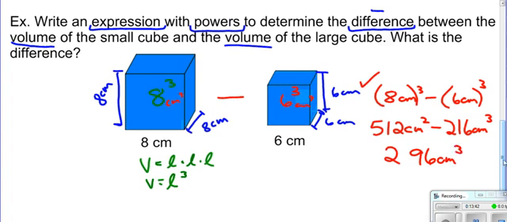So we could say the volume of the large cube is 296 centimeters cubed greater than the small cube, or the small cube is 296 centimeters cubed smaller than the large cube. So basically that's how much less it could hold. If we were talking milliliters, it would be 296 milliliters less or 296 milliliters more for volume. All right, that is it for this lesson.